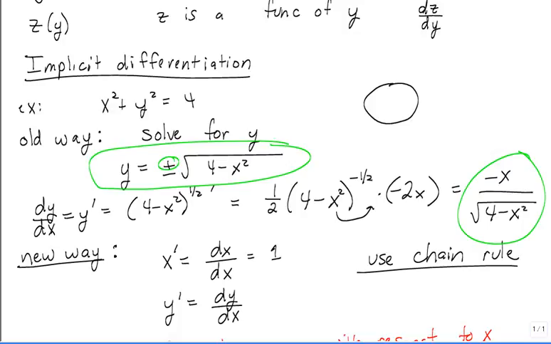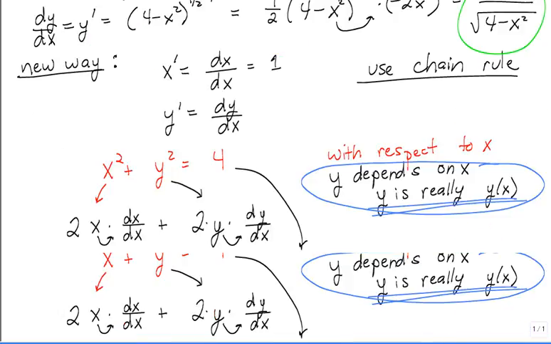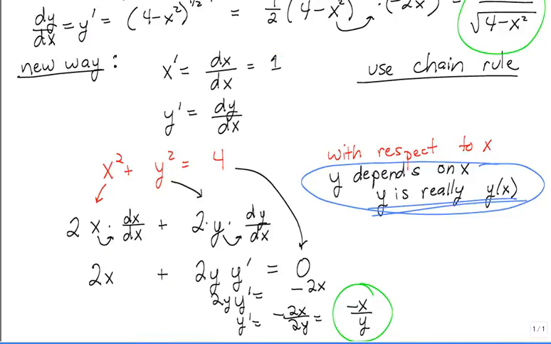We'll substitute that back in, because this really is the same problem. So that's equal to minus x over, remember what y was? The square root of 4 minus x squared. So this checks with the old way of doing it.